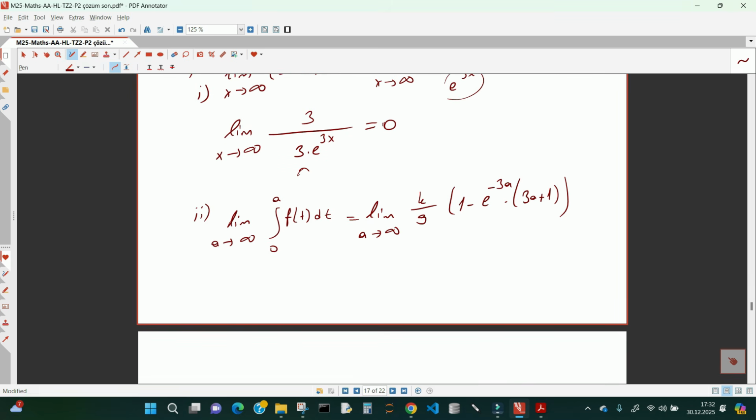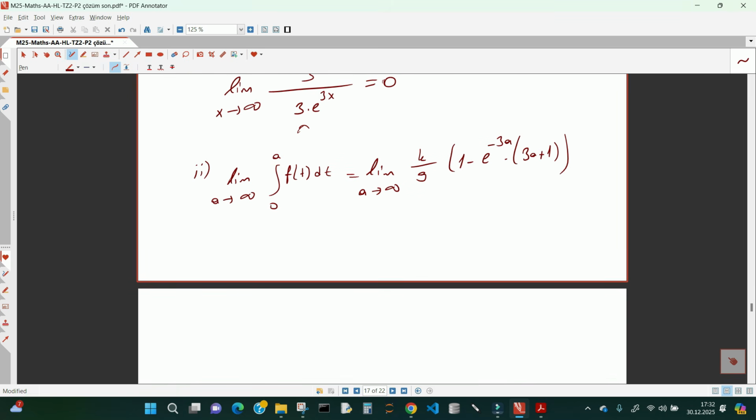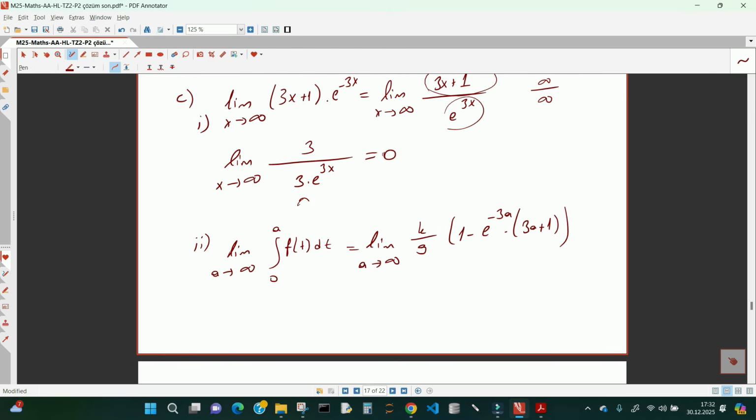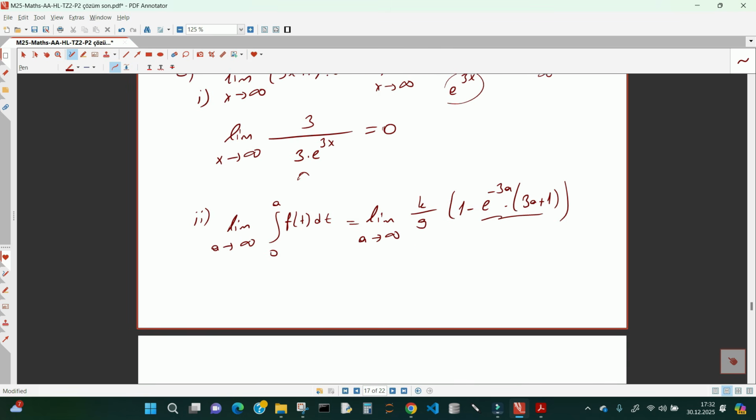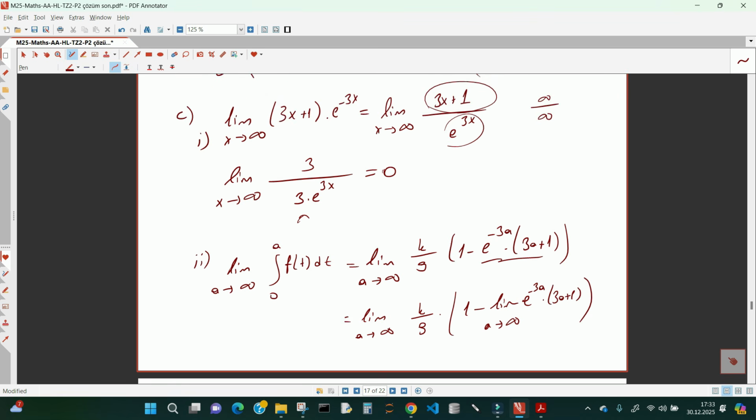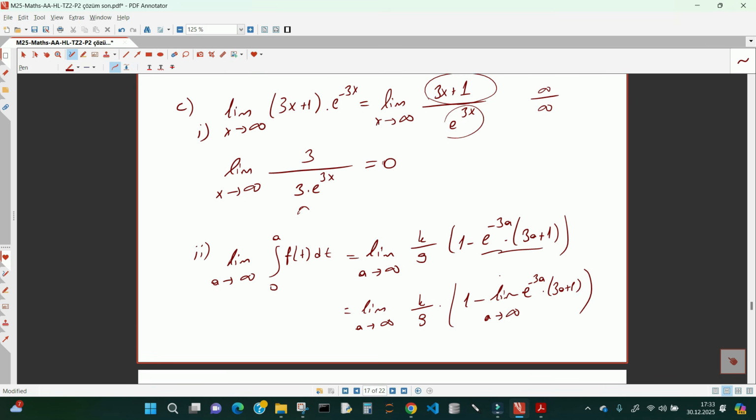So let's think about how we're going to find this. We already found the limit here. You can write it as the limit as a approaches infinity of k over 9 times 1 minus the limit as a approaches infinity of e to the power of minus 3a times 3a plus 1, and the limit of this expression was 0, so we can cancel this.